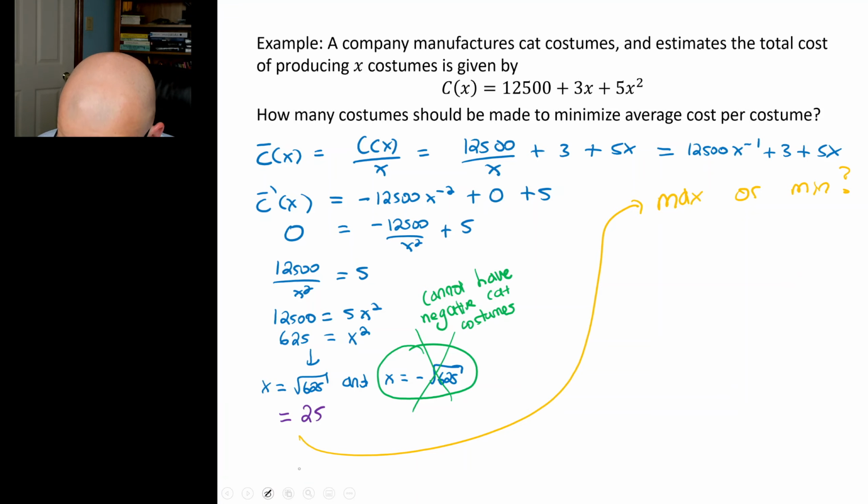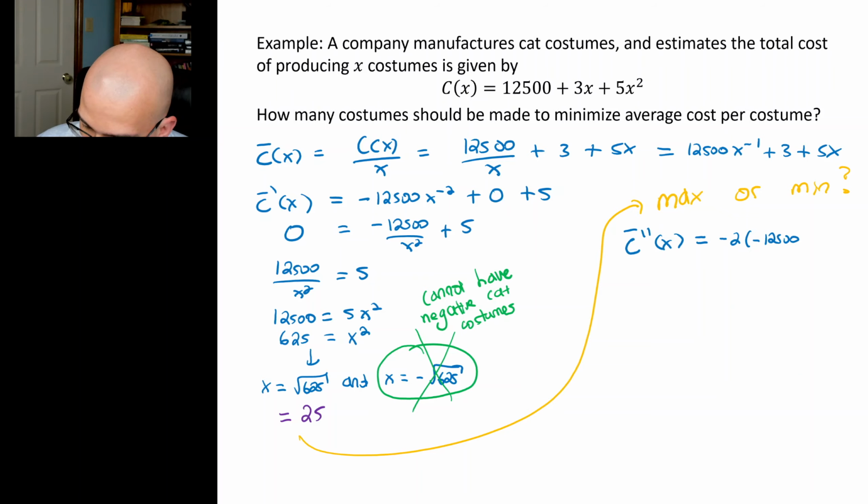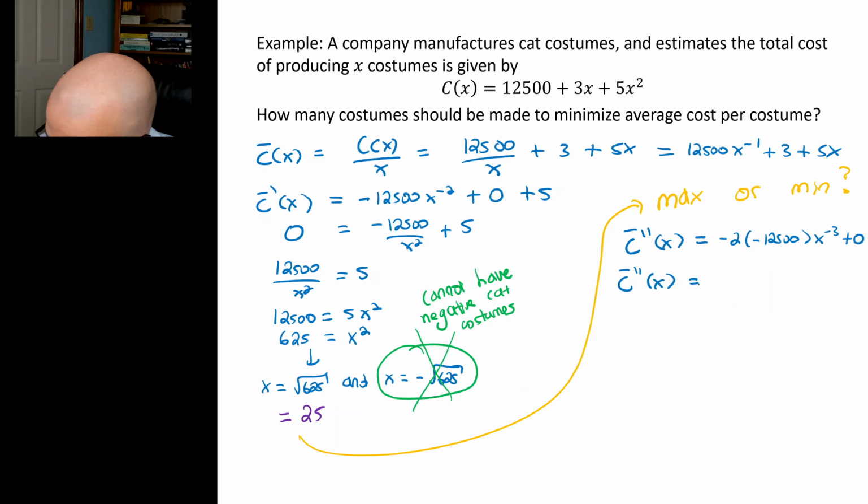So we're going to take the second derivative of the average cost. We have negative 2 times negative 12,500 x to the power of negative 3 plus 0. So we're going to get 25,000 over x cubed.